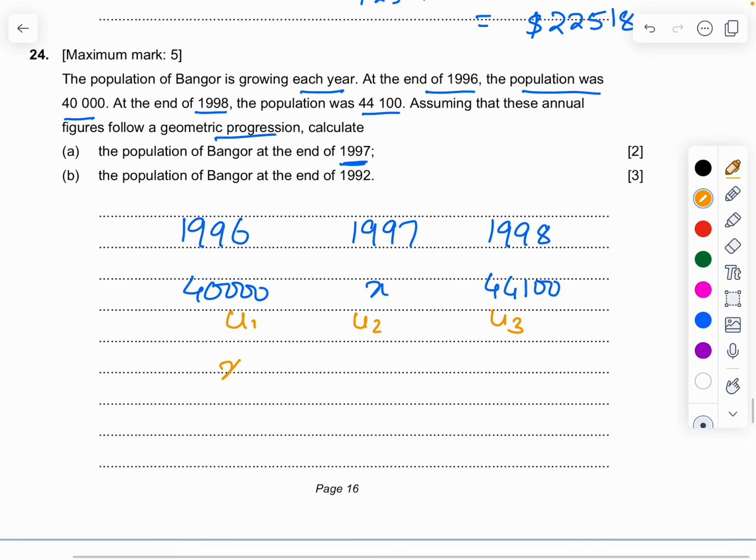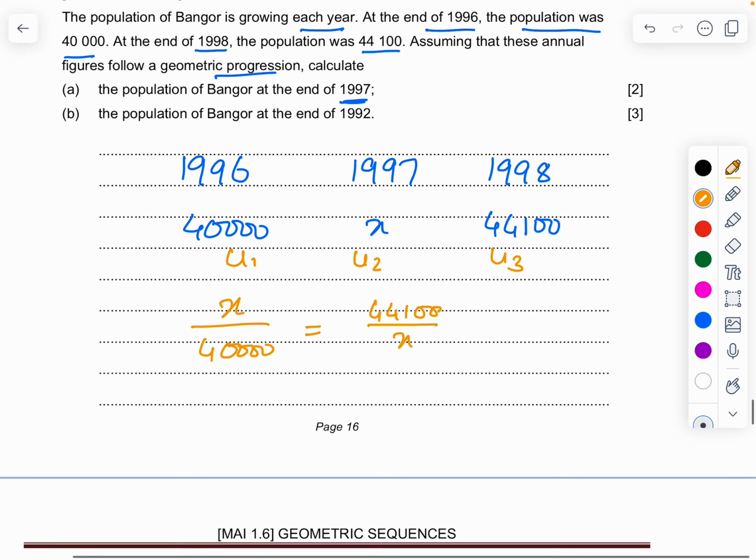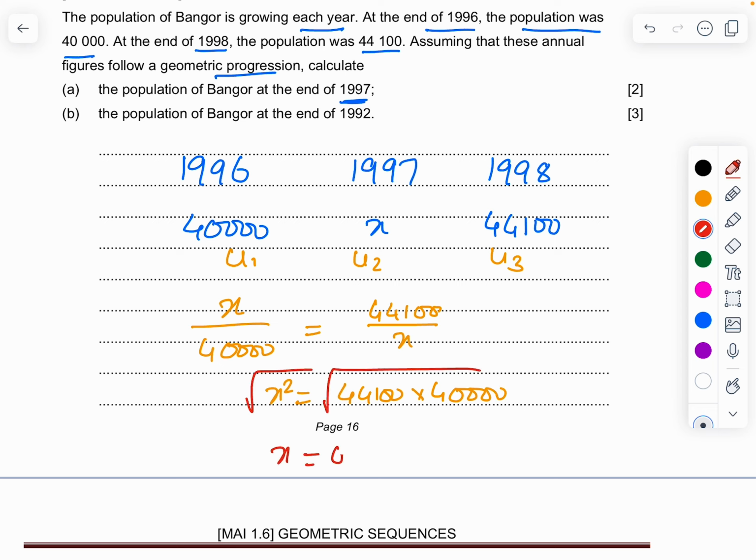So U2 upon U1 should be equal to U3 upon U2. So from here I get X squared equals 44,100 times 40,000. So take the square root on both sides. You should be getting the value of X as 42,000.